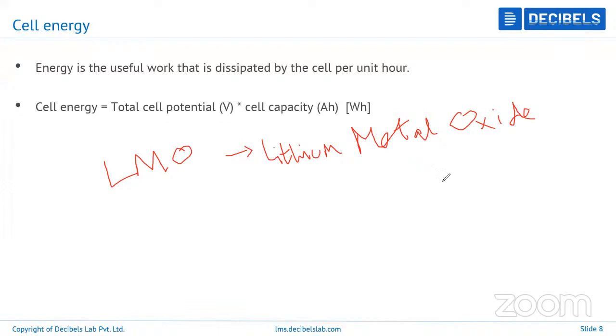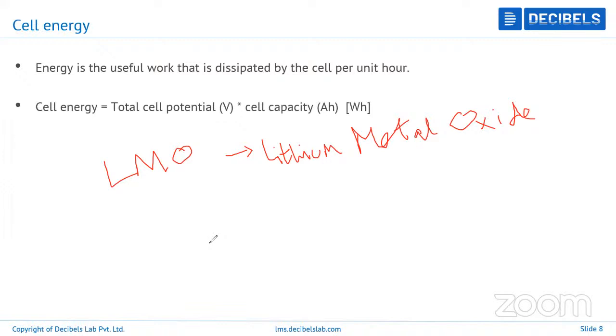But if you want exact types of material, it would be manganese, cobalt dioxide, and materials like these. So let's take a look at the reaction.